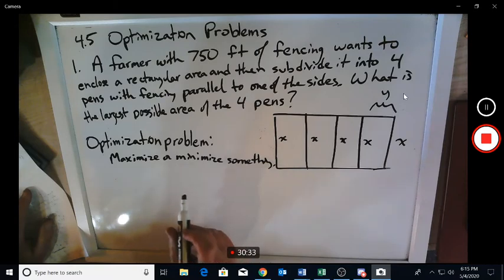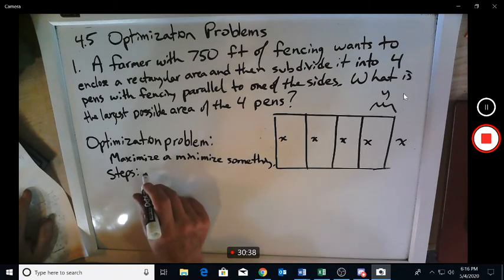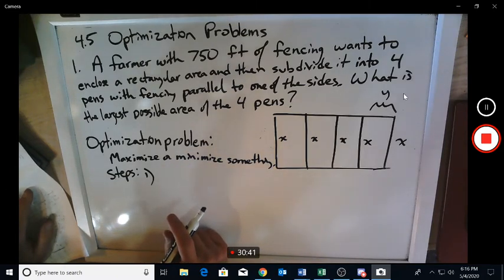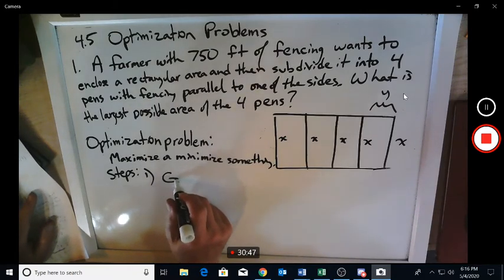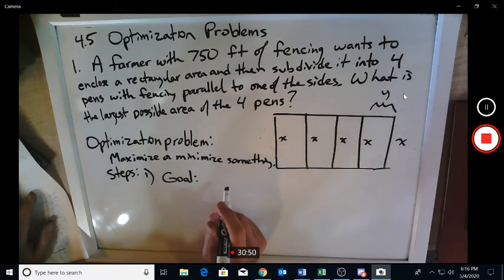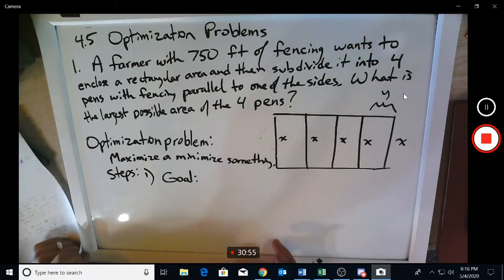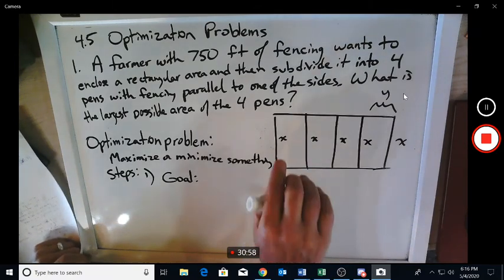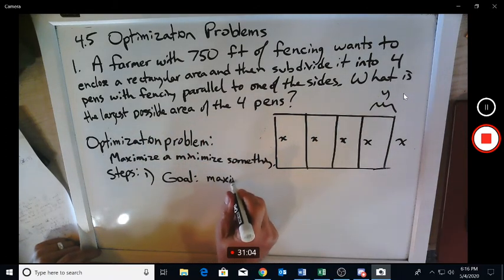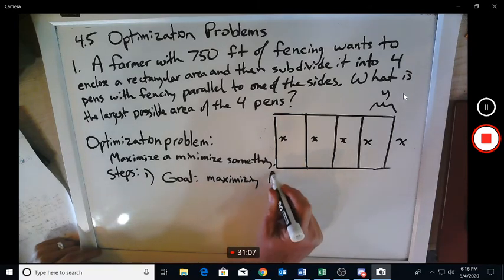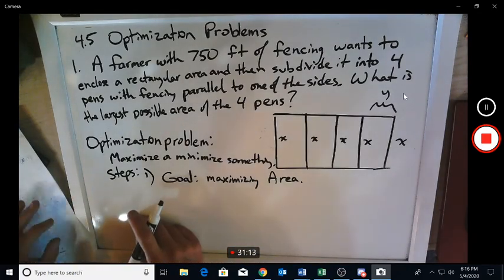So a reasonable first step is to put your goal. And in this case, what's my goal? Am I maximizing or minimizing something? Well, he wants the largest possible area. I'm maximizing area. Okay.